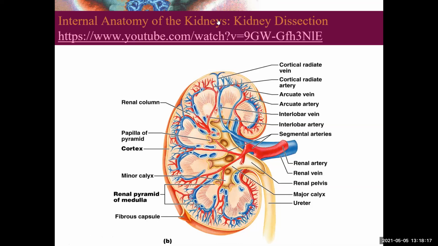So this area, from outer to this thin area, is called cortex. Everybody got it? The area outside the triangular structure is called cortex. From here all the way. That is called cortex of the kidney.